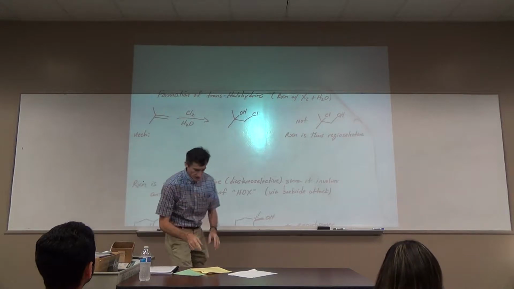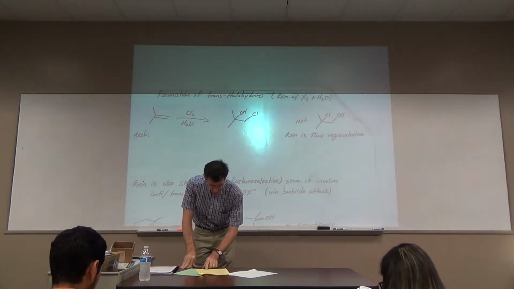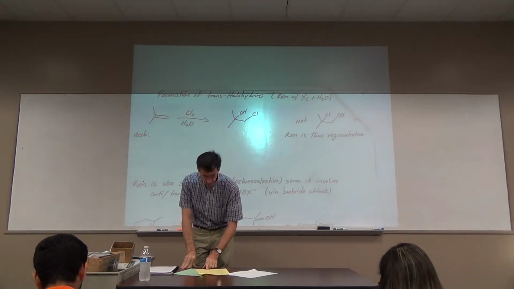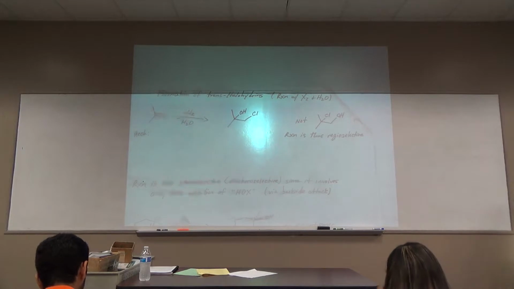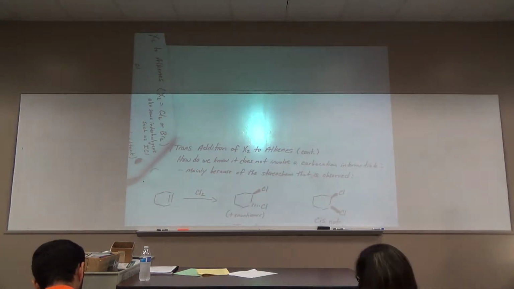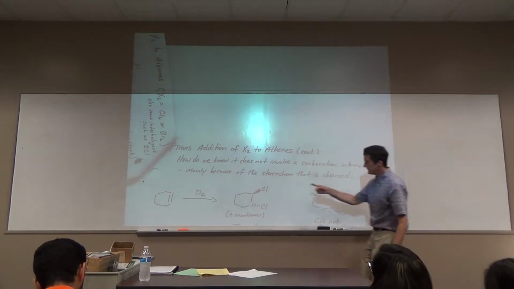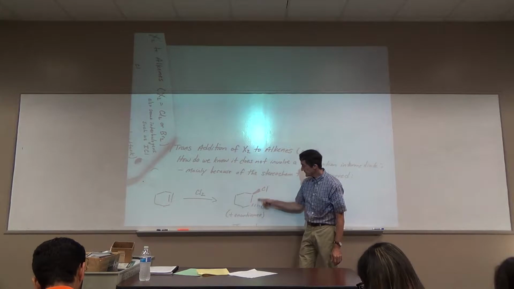By the way, look back on the yellow. With the Roman numeral 1, it gets vicinal dihalides when we add halogens. What does vicinal mean? This is actually a dichloro compound, but it's vicinal.